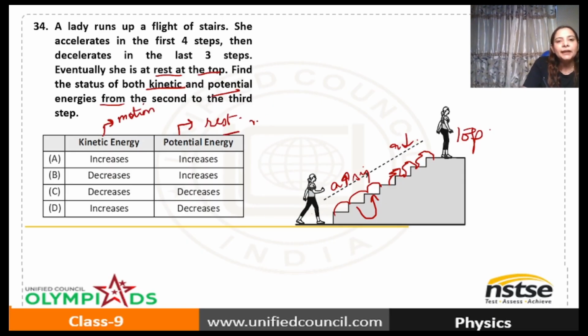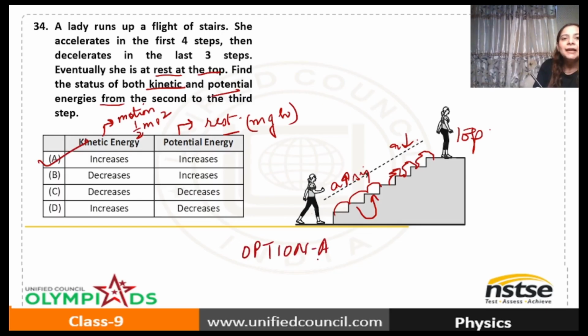We find potential energy by using the mgh relation and kinetic energy by using half mv square. Now when this lady is between the second and the third, both of the energies increase. So which answer is correct, students? Option A. The reason being, she is accelerating for the first 4 steps but decelerates in the last 3 steps.